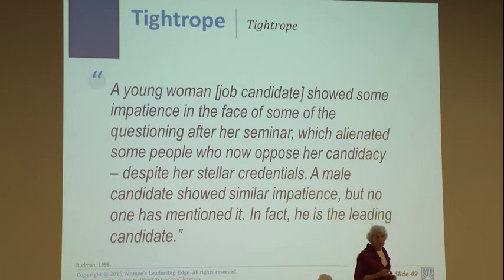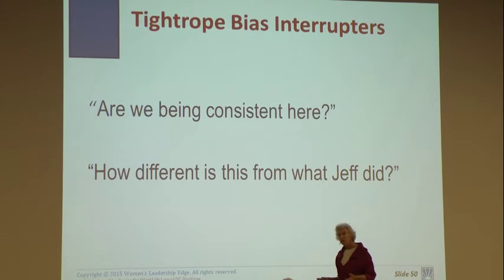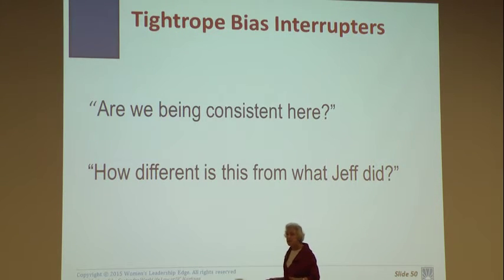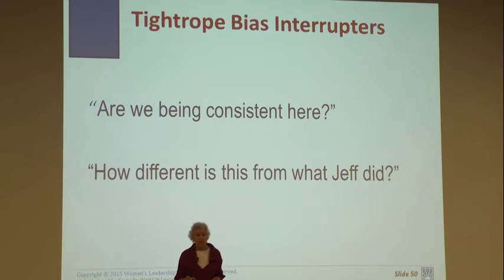A male candidate showed similar impatience, but no one mentioned it. In fact, he's the leading candidate. This kind of thing happens a lot, so what can you do if you see it? You can just say mildly something like, gee, I wonder if we're being consistent here, or how is that different from what Jeff did?